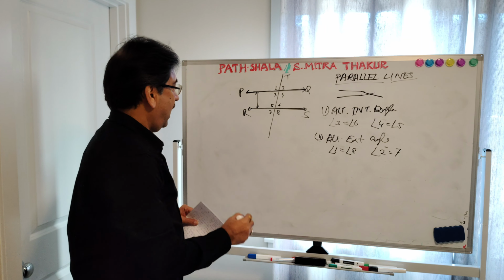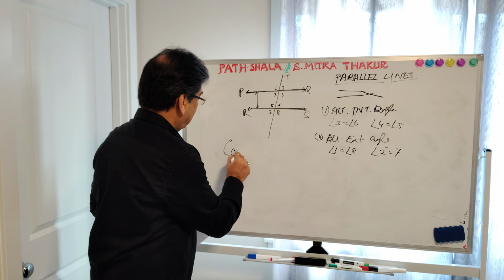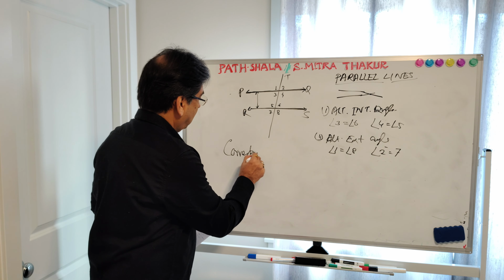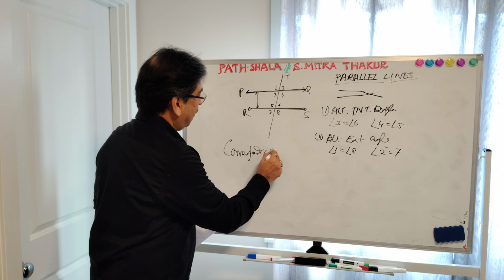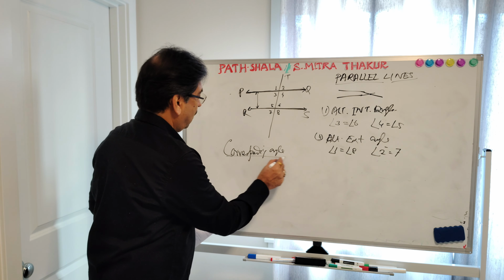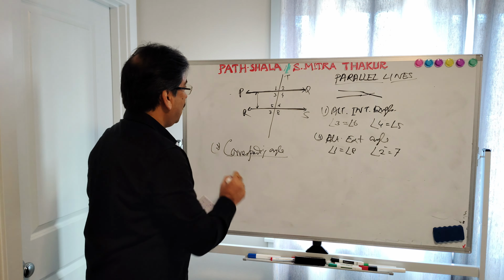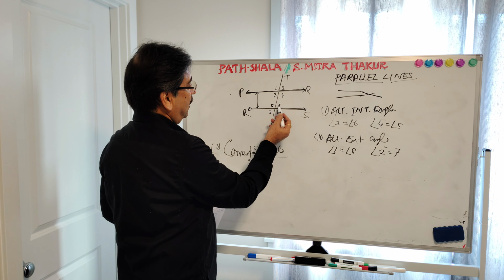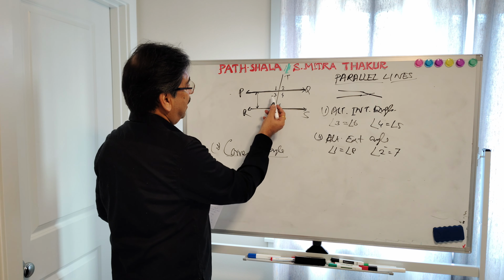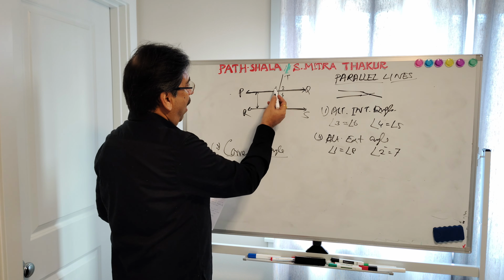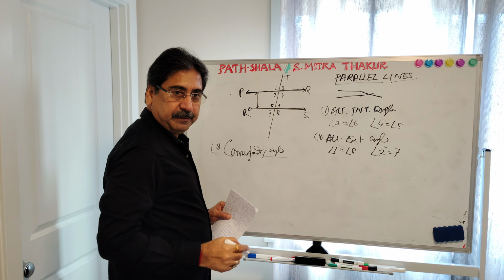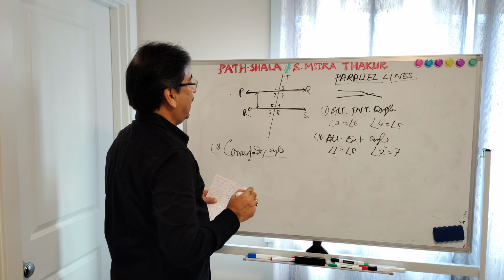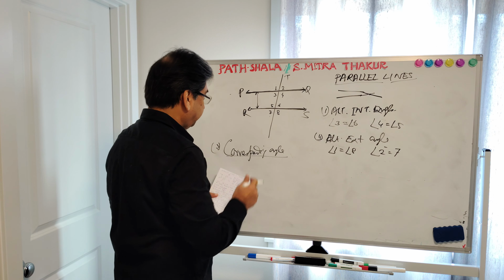Right? And corresponding angles, these are the number 3. Corresponding angles means angle 2 corresponds to 6, angle 4 corresponds to 8, angle 3 corresponds to 7 and 1 to 5. All the corresponding angles are equal.